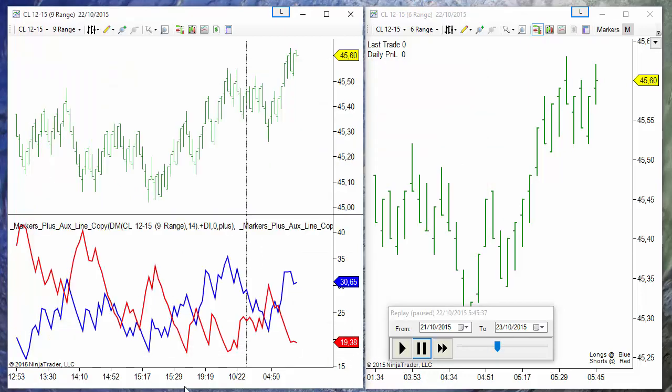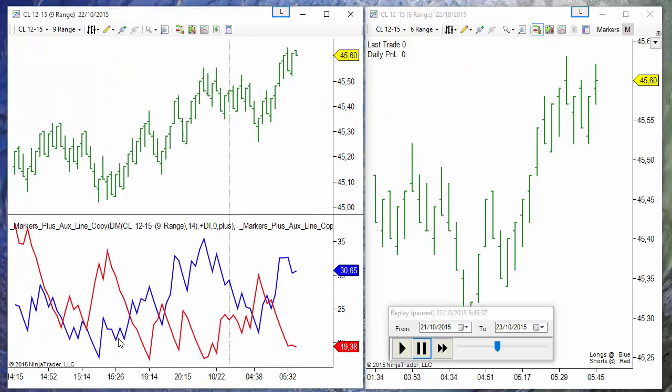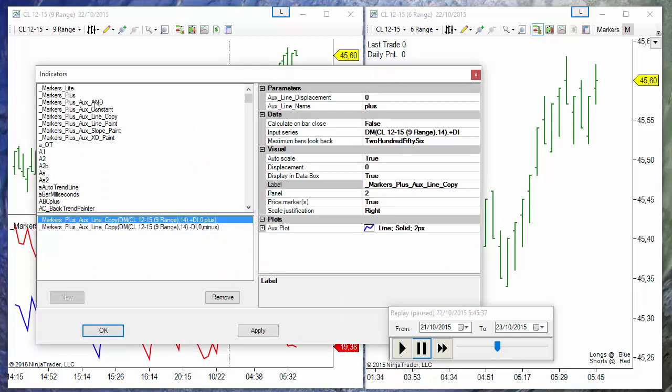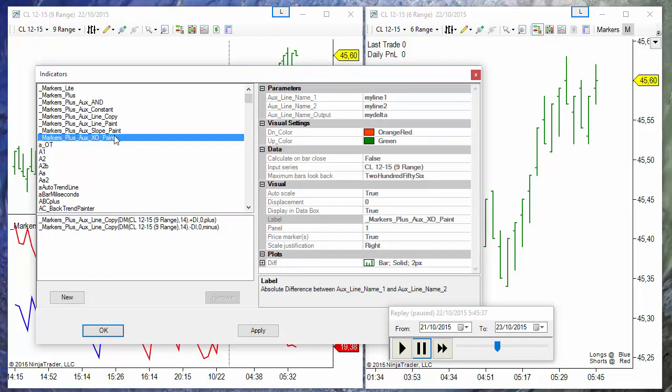Now I want to know the difference between each line. So when the blue is below the red, I only short, and when the blue is above the red, I only go long. For that I can use the diff indicator, the difference indicator, which is included on the crossover.